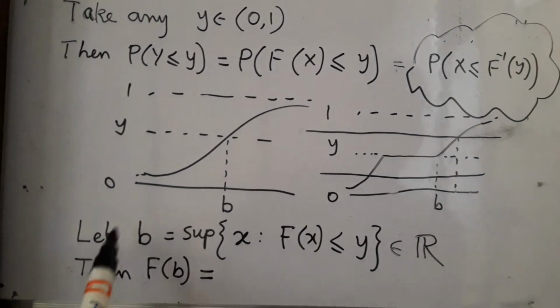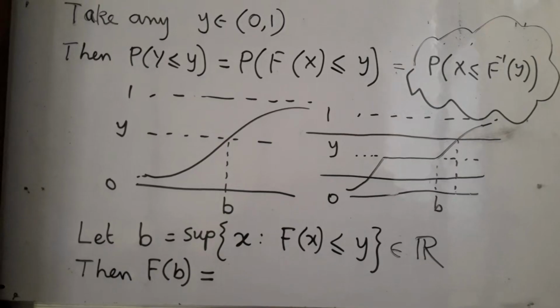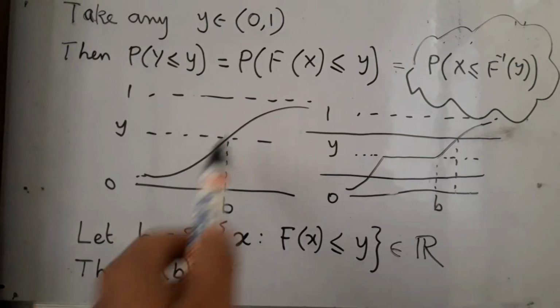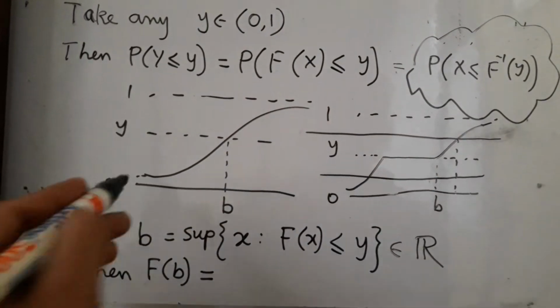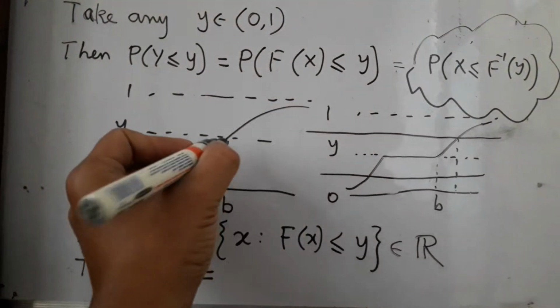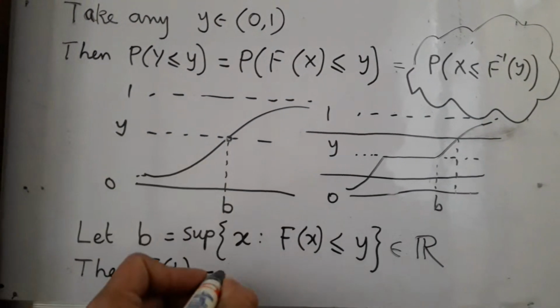Once you choose b in this way, what will F(b) be? Just look at this graph and you will immediately see, because it is continuous, it has to be exactly equal to y at that point.